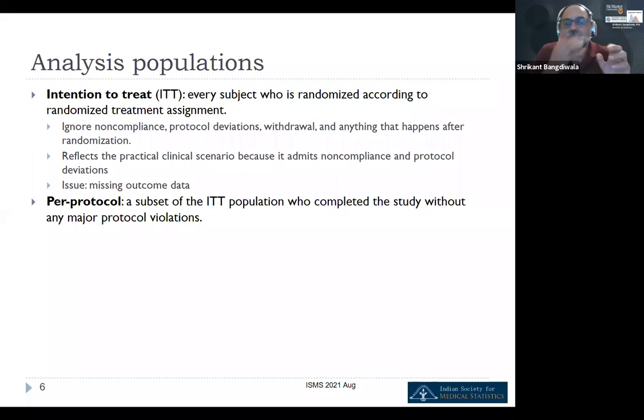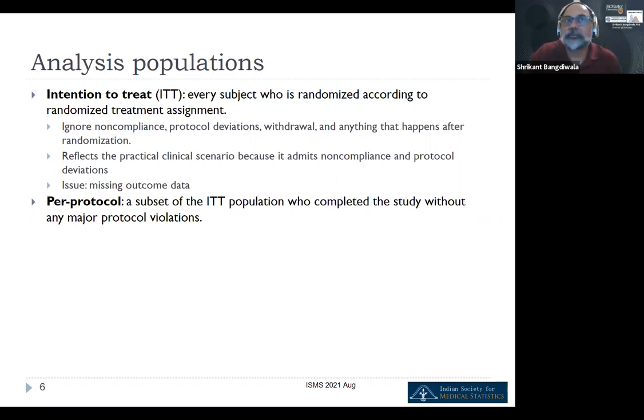If it's a minor one, it's okay, but if it's major, you don't include them. Why do that? Because you expect that the people who complied with the protocol are those who got the benefit of the intervention, so you'll have a stronger effect than in the intention to treat.